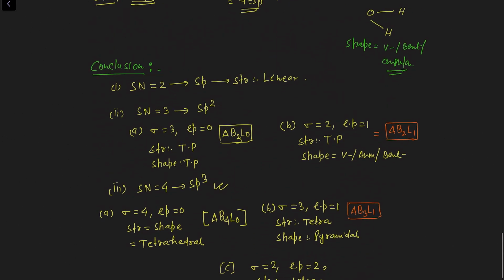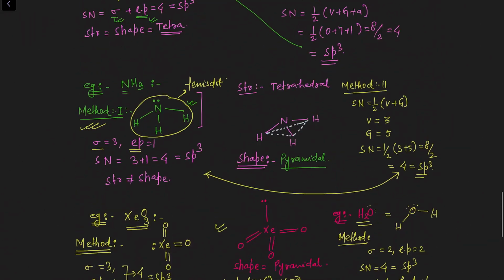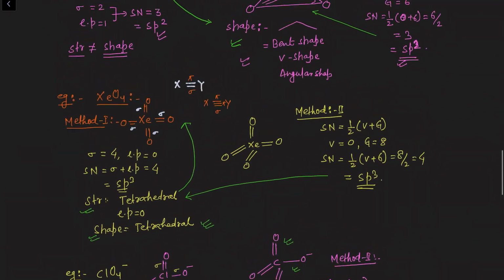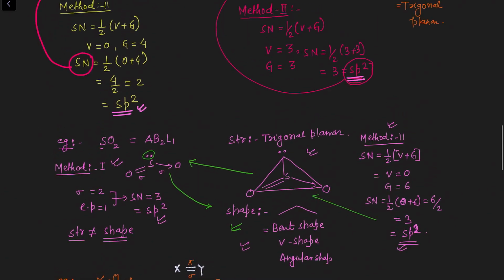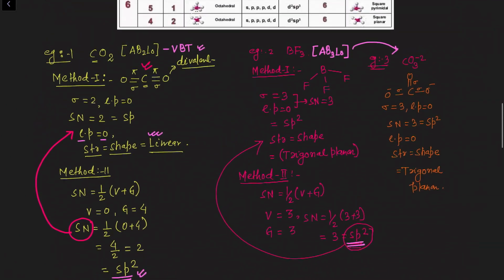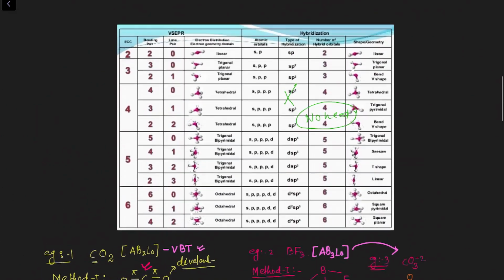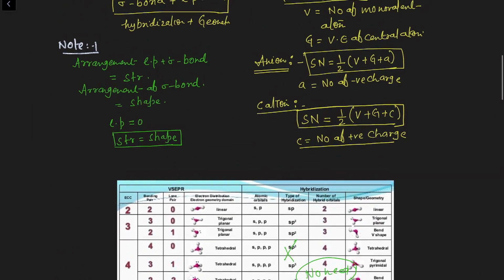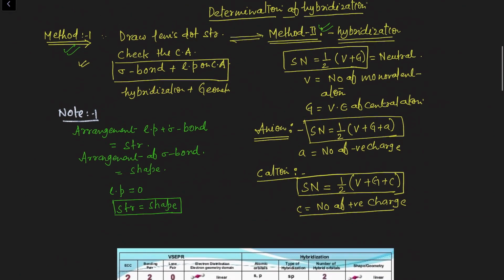So once you go through the conclusion and all the examples, and repeat all the examples on paper, then you will get to know that VBT, VSEPR theory and hybridization are different reflections of one concept only, hybridization, for exam purposes, right? So easily we can do the revision of hybridization, VBT and VSEPR theory together.